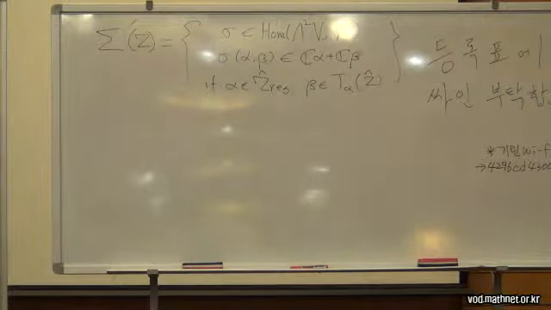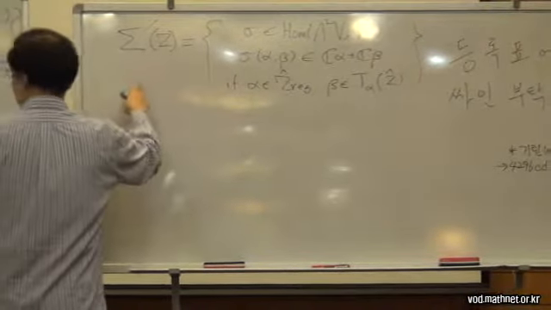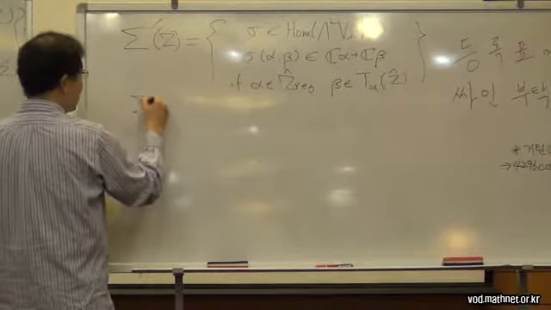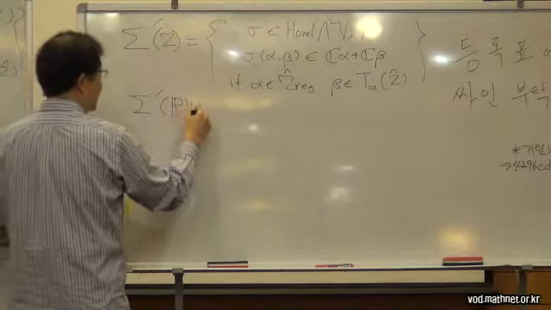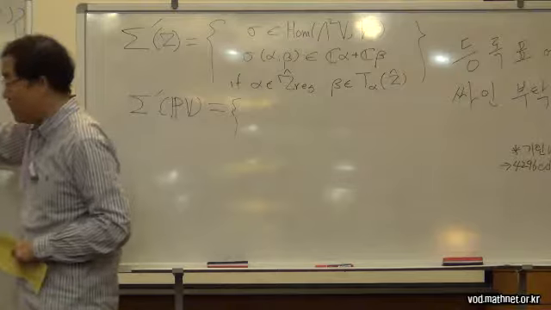So I define this notion, and then let's see what happens to sigma prime PV. Here sigma PV was 0.